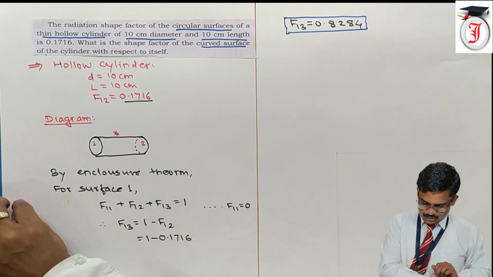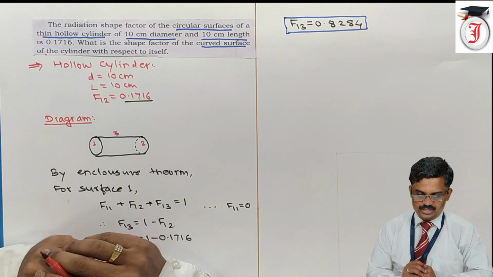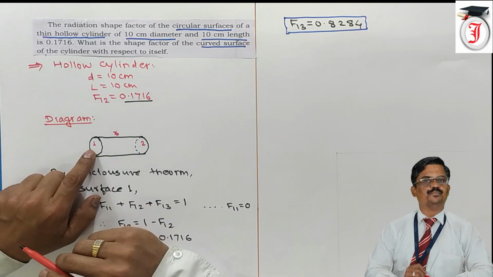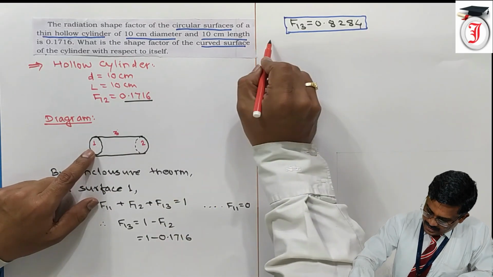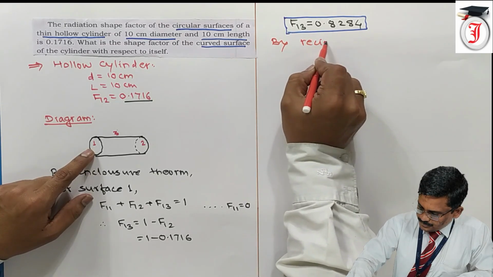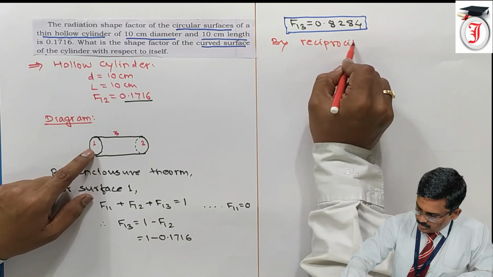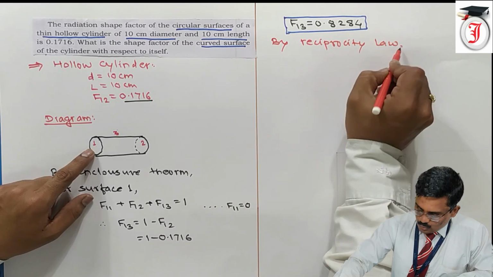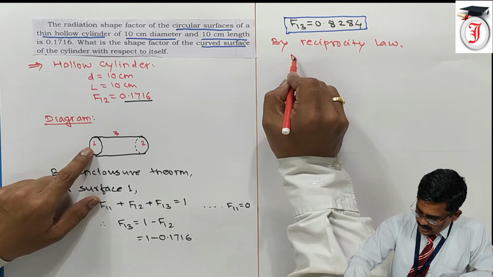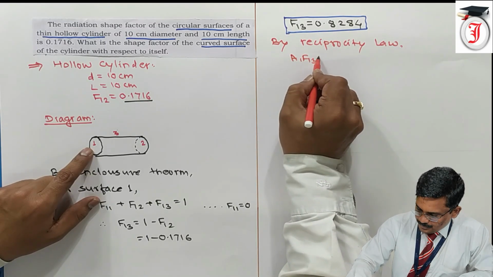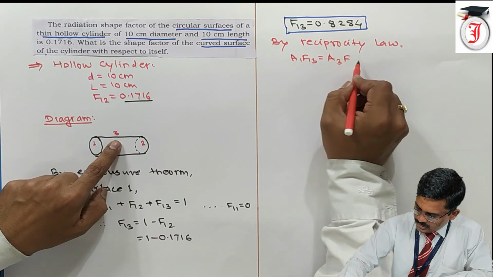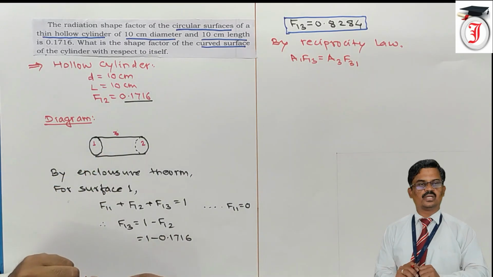Now we know the reciprocity theorem. Applying the reciprocity theorem to surfaces 1 and 3, we have A1 F13 is equal to A3 F31.